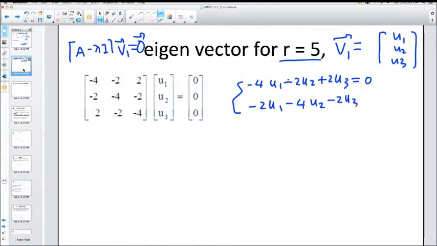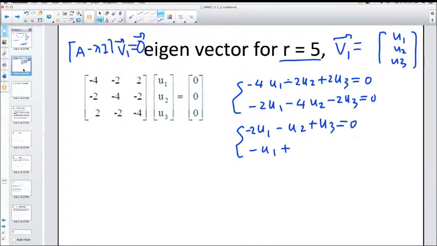Or you can use the Gauss-Jordan algorithm to solve it. I can at least divide by 2. I got u1 minus 2 minus u2 plus u3 equals 0.